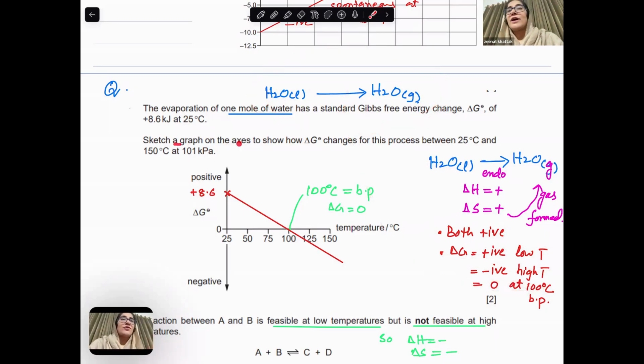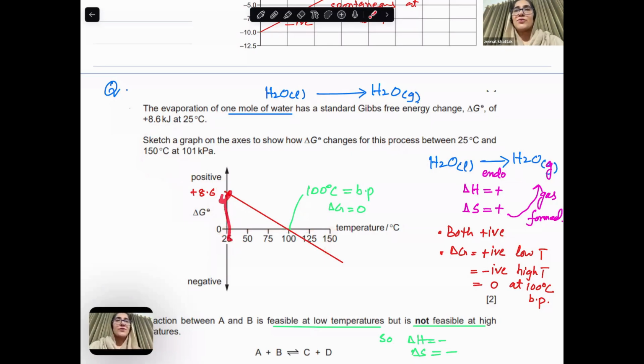Sketch a graph on the axis. What they have written in the beginning is the evaporation of 1 mole of water. The delta G is this much at 25. Sketch a graph on the axis to show how delta G changes when the temperature changes from 25 to 150.